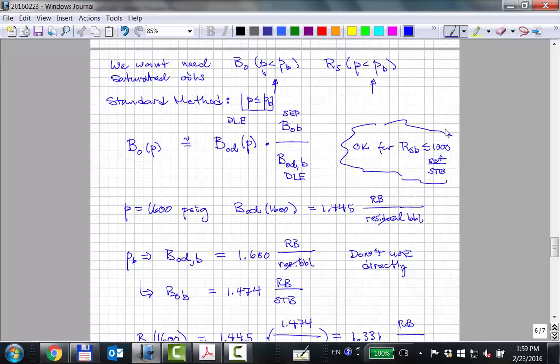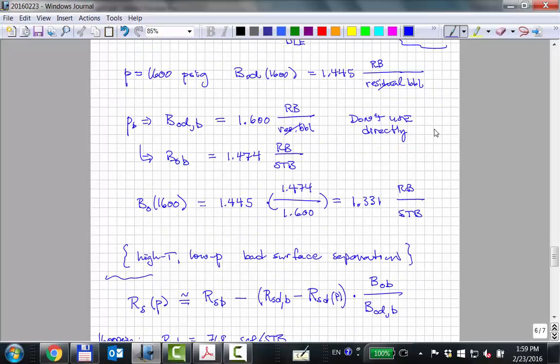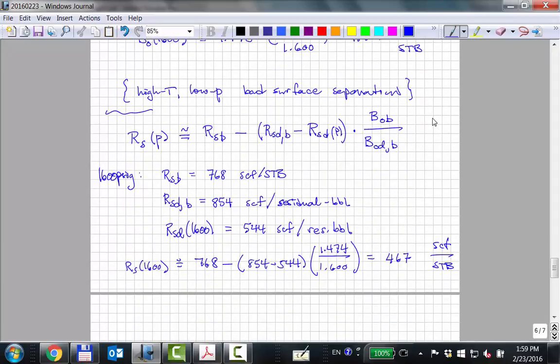And the main thing was to avoid using the differential numbers given in the lab report, because they just are not good numbers. So that's about everything we need to know about, I think, the differential liberation test.